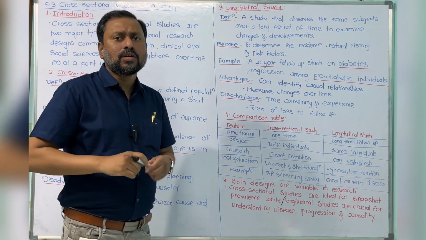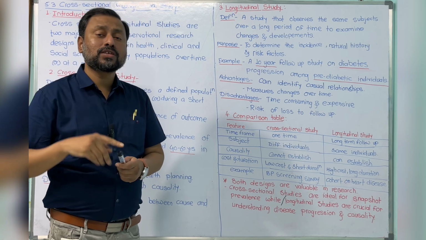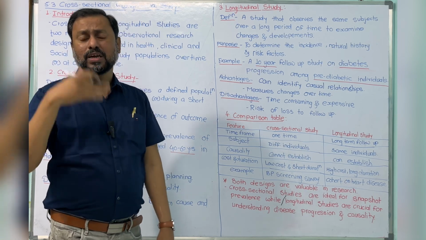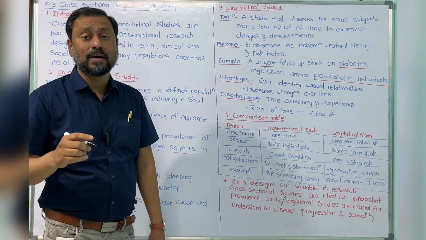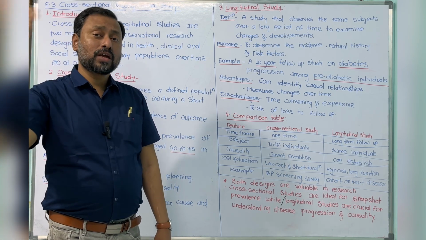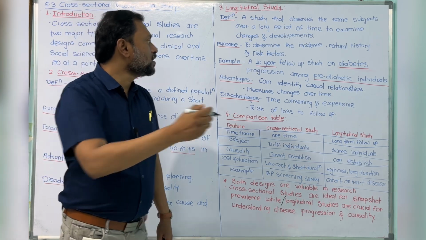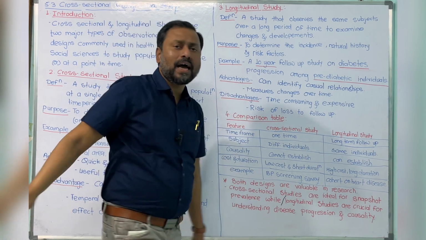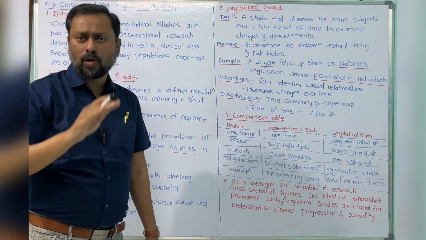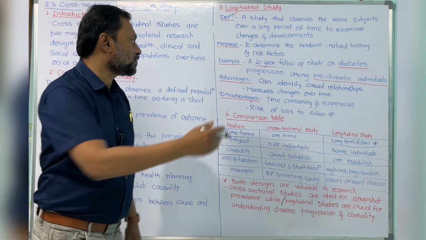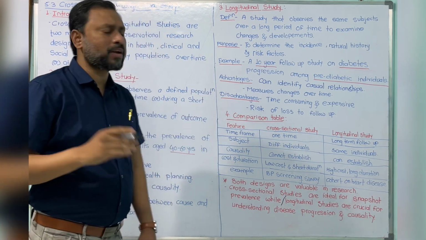Every year, you call them to give HbA1c samples. After every one year, if you check, you will get the idea of how the diabetes progresses in the pre-diabetic individual. For a long period of time, you are observing. This is one very good example.